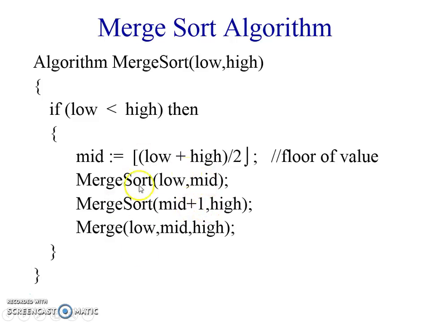So this will happen recursively. And then what should I do? I should combine the solution. So what do I do? I merge each time my low comma mid, means the lists wherein the elements are from low to mid and mid plus 1 to high. Am I clear? So now we have an algorithm merge sort.